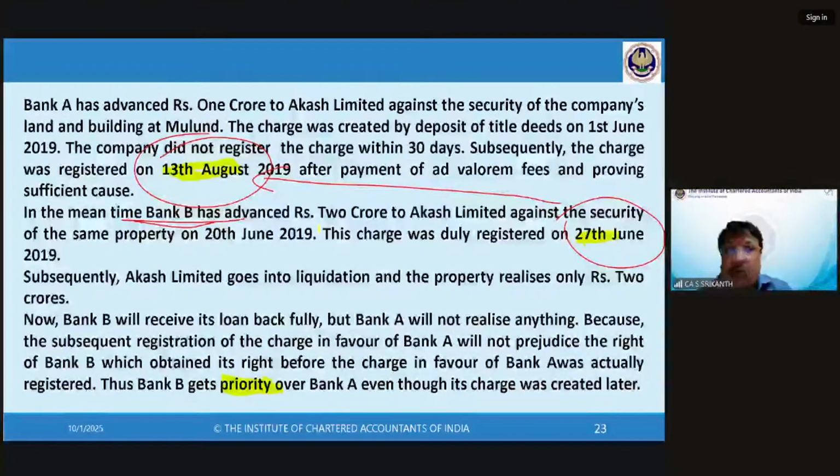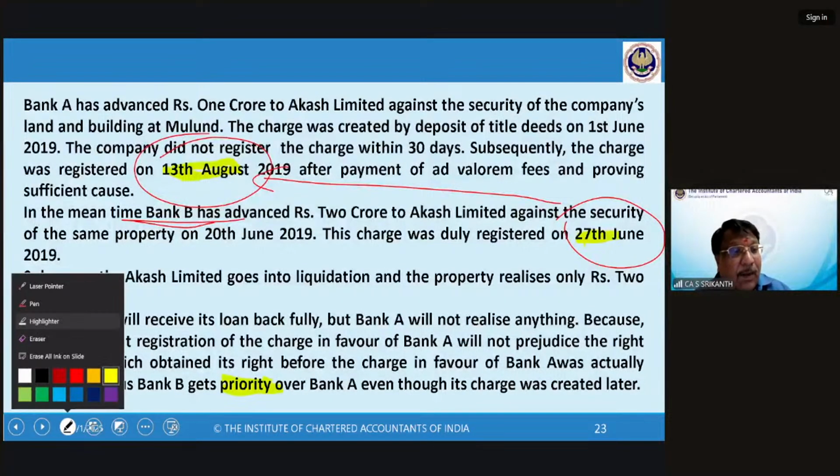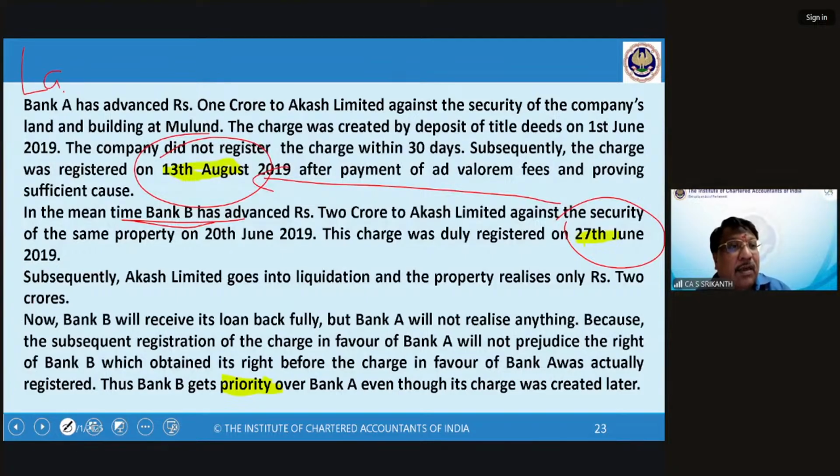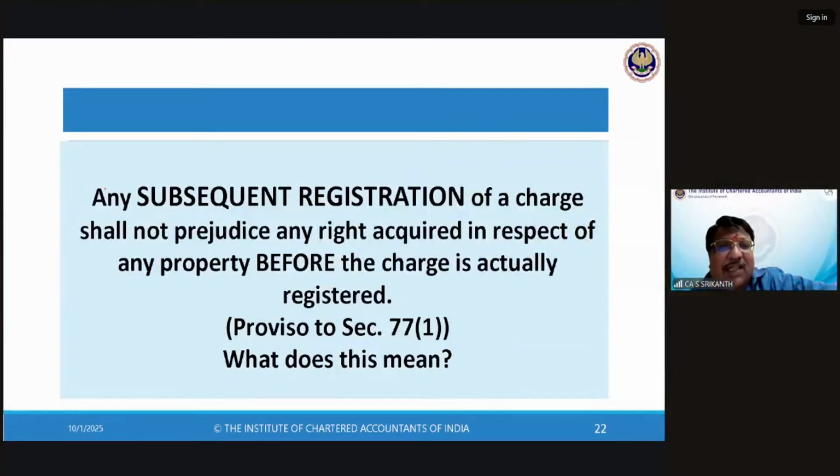Law is different. Rather, don't expect logic in law, I say. Or rather, law has a logic, but your normal logic won't work in law. Because in law, what happens? Provisions are there. Provisos are there. They create exceptions.